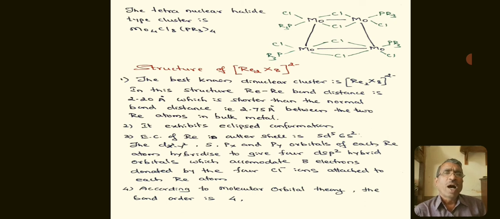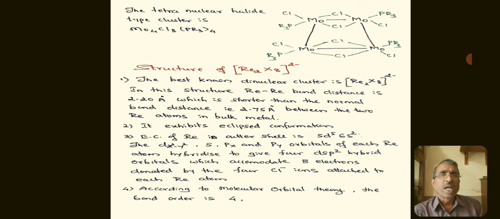Coming lastly, the structure of dirhenium octachloro having a charge 2 minus. The best known dinuclear cluster is this. In this structure, the rhenium-rhenium bond distance is 2.20 angstrom, which is shorter than the normal bond distance, that is 2.75 angstrom between the two rhenium atoms in bulk metal.